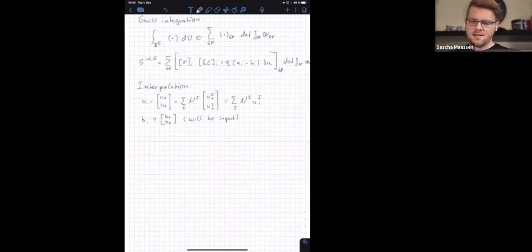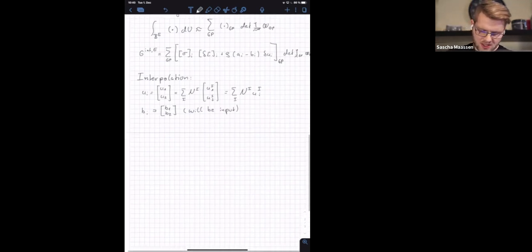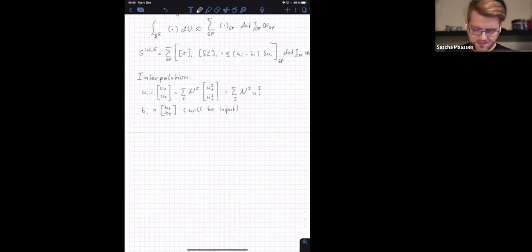There is one more thing when it comes to interpolation, which is the interpolation of our strain tensor. So let me write this down once in full length.